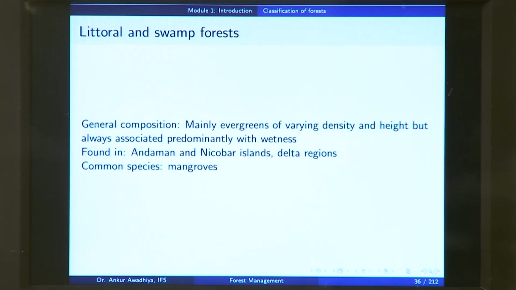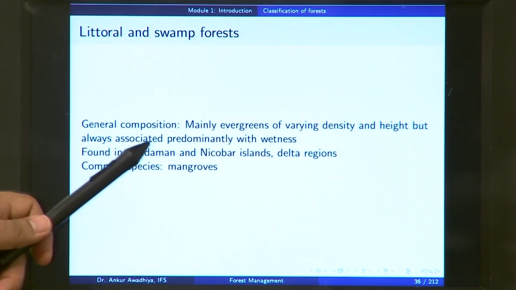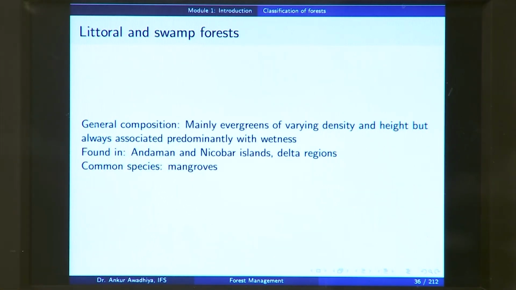Next, we have littoral and swamp forests, which are found in very wet regions. The general composition is mainly evergreen forests of varying density and height, but always associated predominantly with wetness. So, you will find these forests next to the seashores, you will find them in swampy areas that are waterlogged, and they are generally found in Andaman and Nicobar Islands, because you have the seashores.